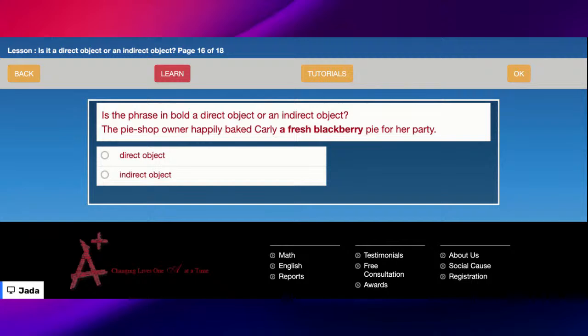So, what's the answer to this? What's the answer to this? One. Okay.